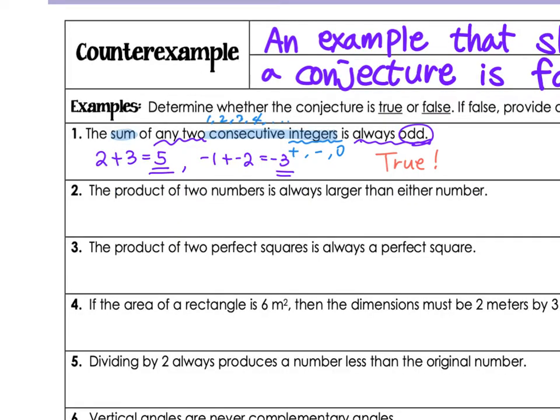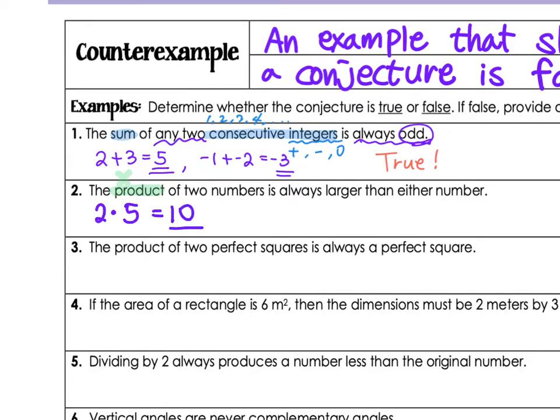Number 2, the product of two numbers is always larger than either number. So the product means what? That's right, multiplication, right? Of two numbers is always larger than either number. Let's give some examples then. 2 times 5, that will be 10.